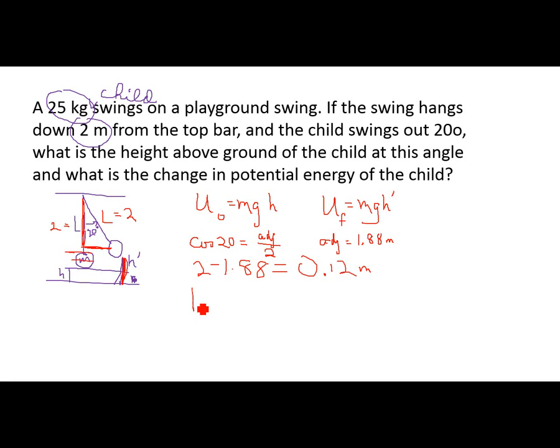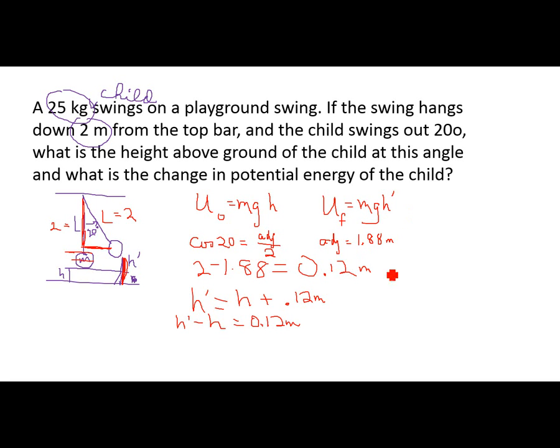So h primed is going to be the original height plus 12 centimeters, 0.12 meters. Therefore, h primed minus h, the difference, is 0.12, right?